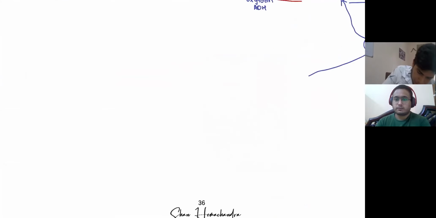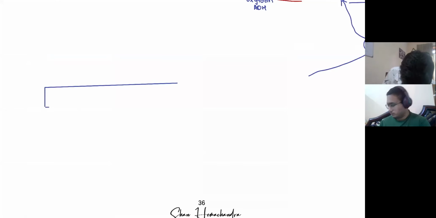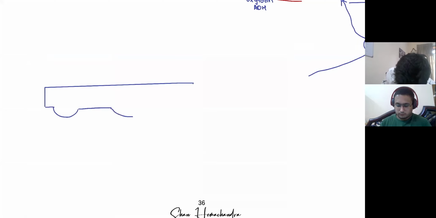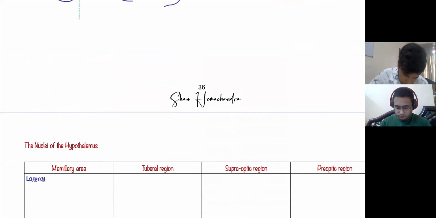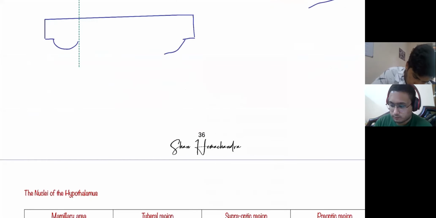Let me just draw the hypothalamus again so you won't get confused. Make it a big area like this.